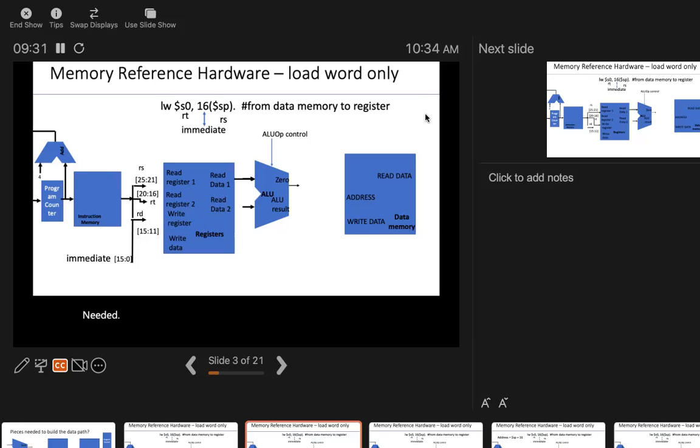This is the answer: immediate plus RS value. RS goes to register.